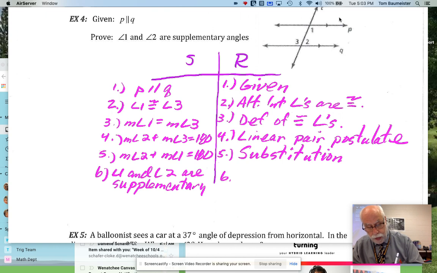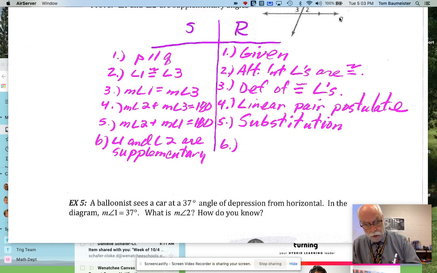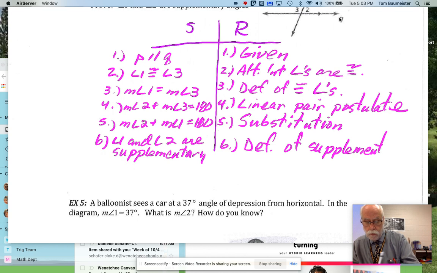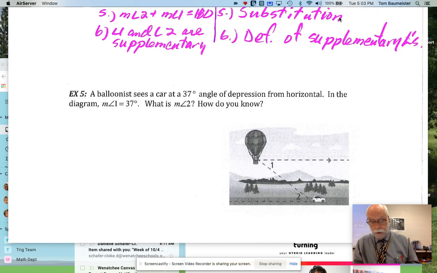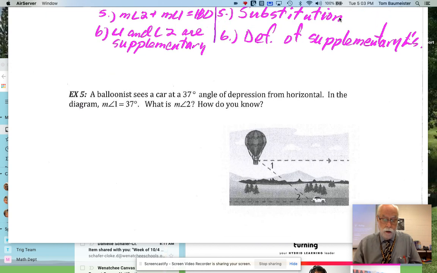And our reason for that, I just said the word are supplementary, right? And remember, I told you if we hear the word is or are, a good enough reason to think is by definition of, in this case, supplementary angles. And we are done.